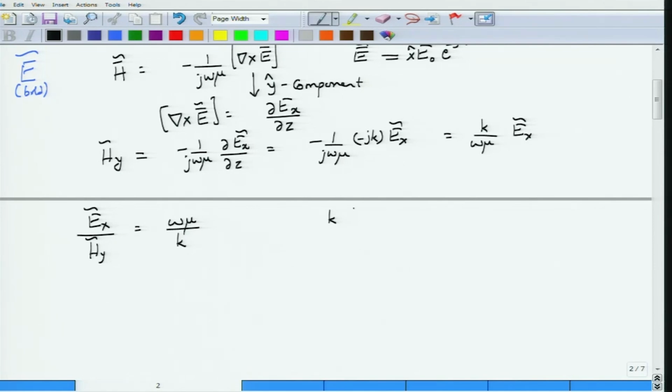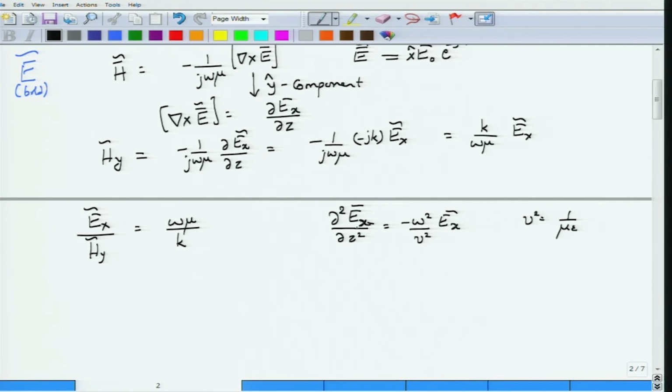In the wave equation that we had for the electric field Ex, you had something like this: del square Ex by del z square was equal to minus omega square by v square Ex, right. This was the phasor equation, where v square was given by 1 by mu epsilon, and we know that Ex will have e to the power minus jkz dependence.